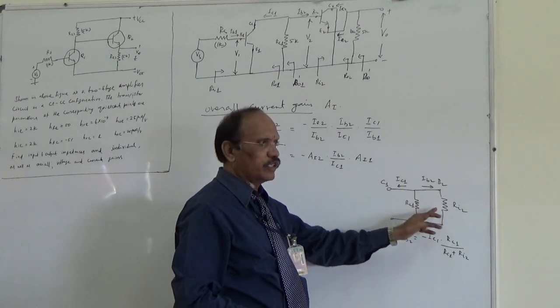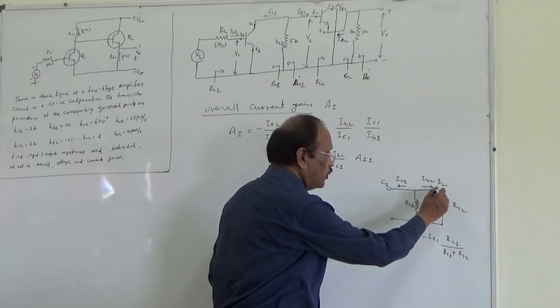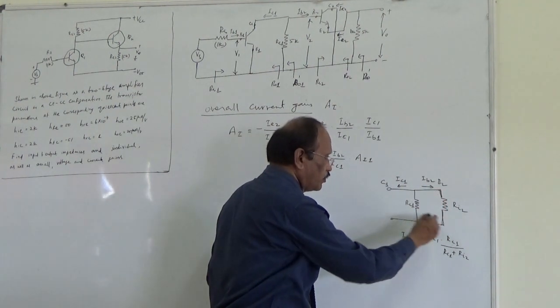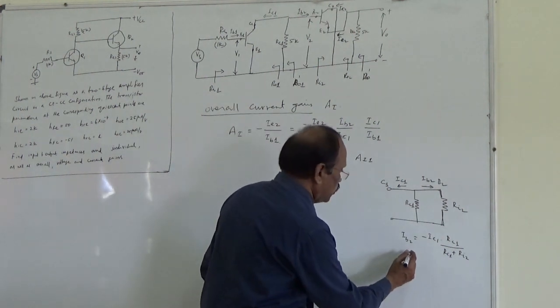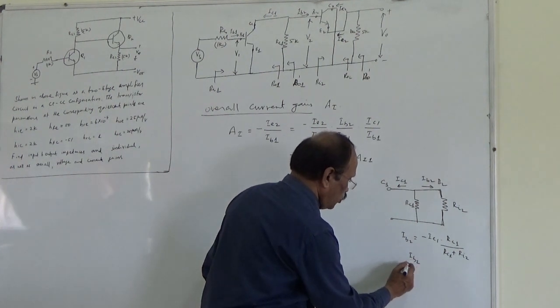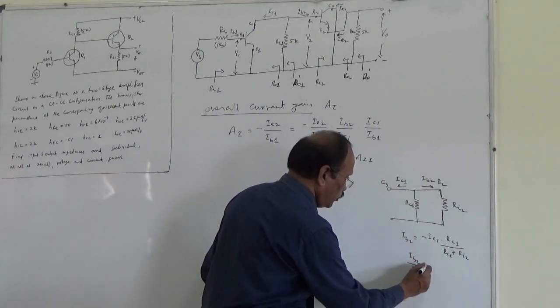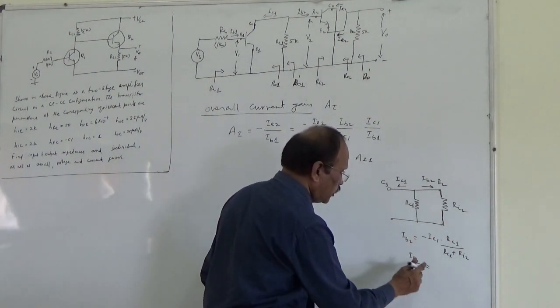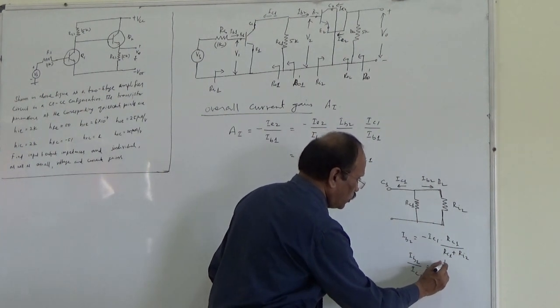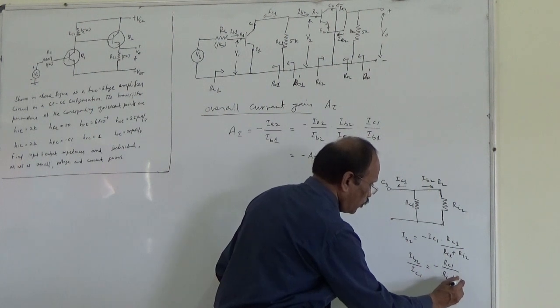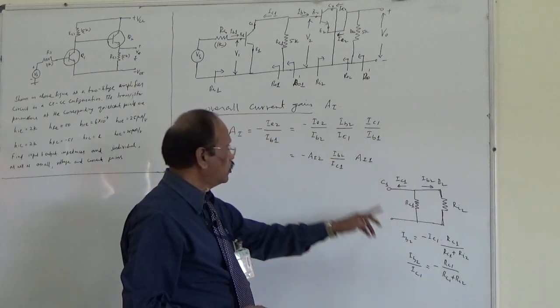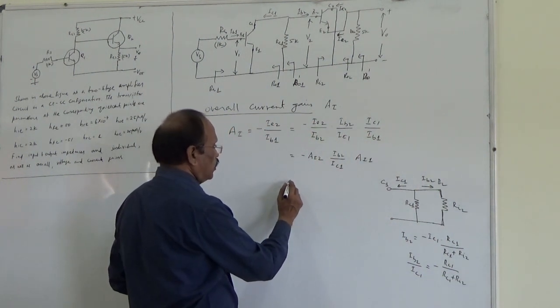It's just the current division rule we have applied here. So now IB2 by IC1, if you bring this to the denominator, is RC1 by RC1 plus RI2.